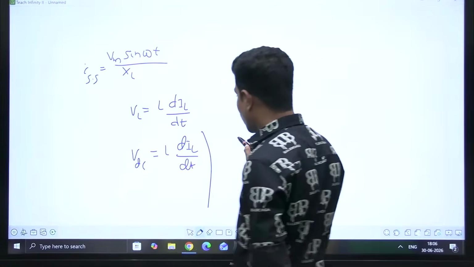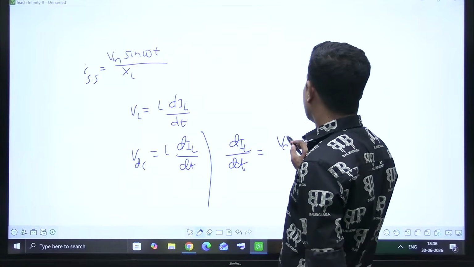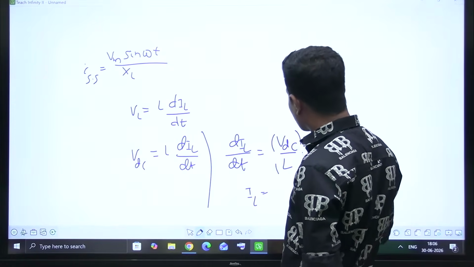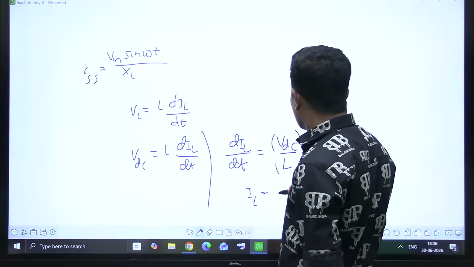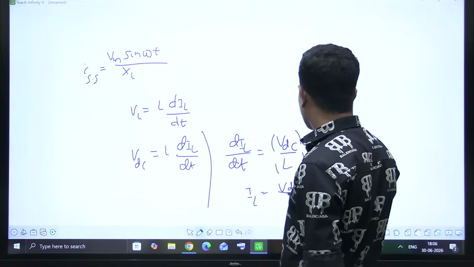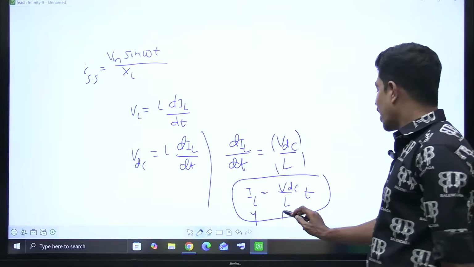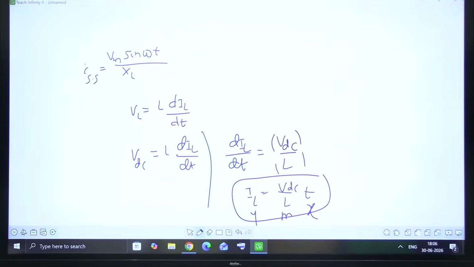From this, dIL by dt is equal to VDC by L. So IL is equal to, VDC is constant, L is constant. Integrate on both sides one time with respect to T. You get VDC by L into T. This is a ramp. Y is equal to MX is the ramp. Why to draw that? Okay.